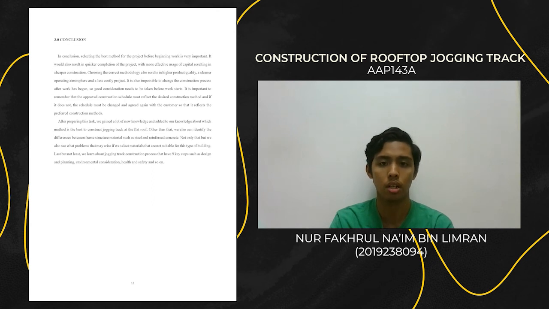Not only that, but we also see what problems may arise if we select materials that are not suitable for this type of building. Last but not least, we learned about the jogging track construction process that has 9 key steps such as design and planning, environmental consideration, health and safety, and so on.